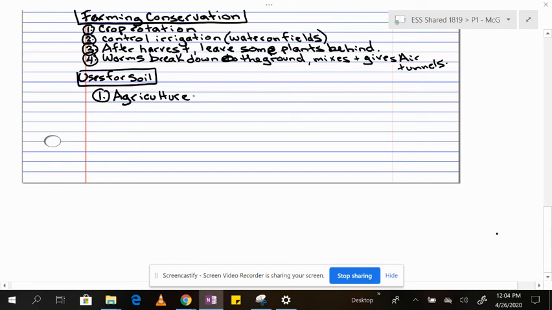Agriculture just means we use it for farming. You know, we grow our food. Right? Without it, we could not survive.